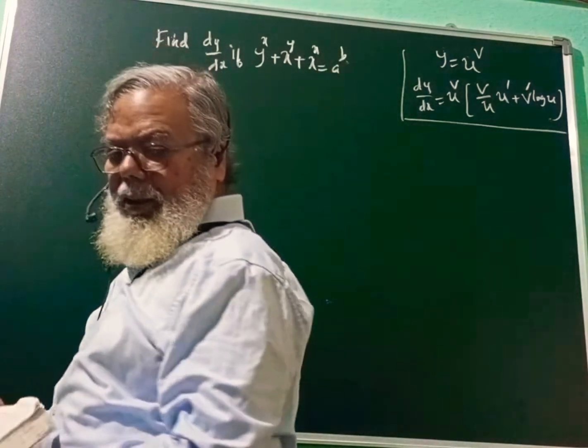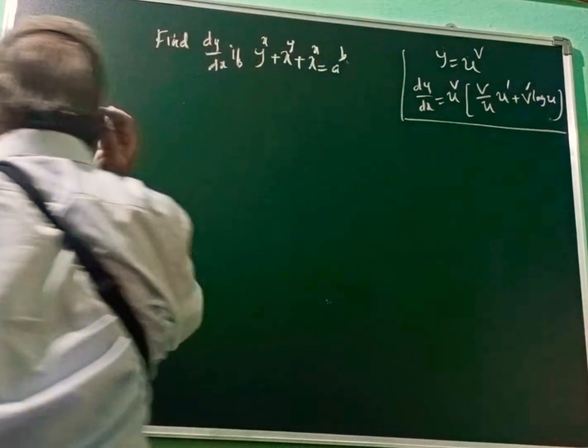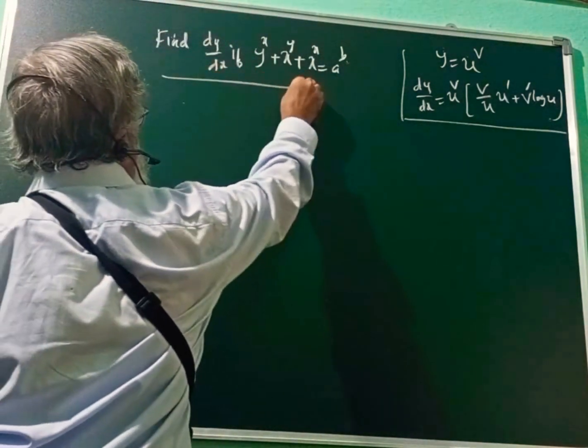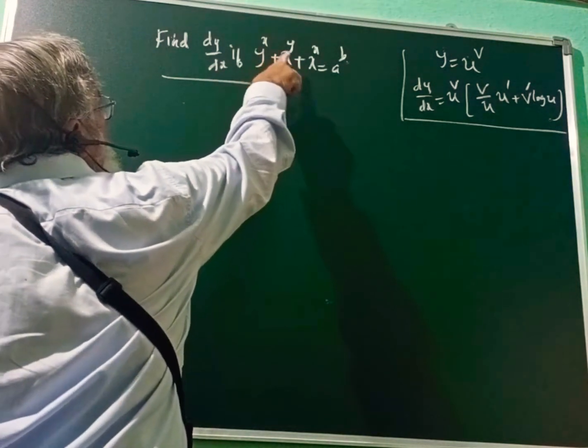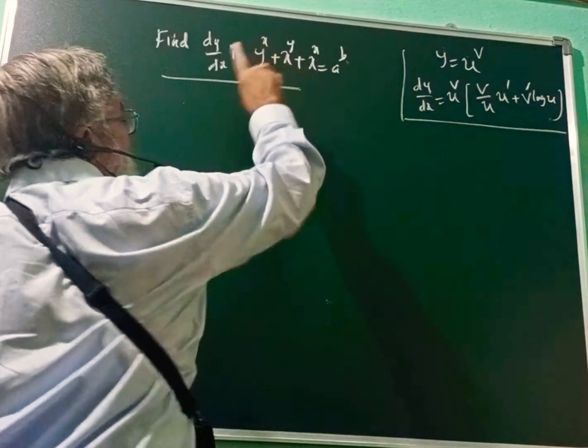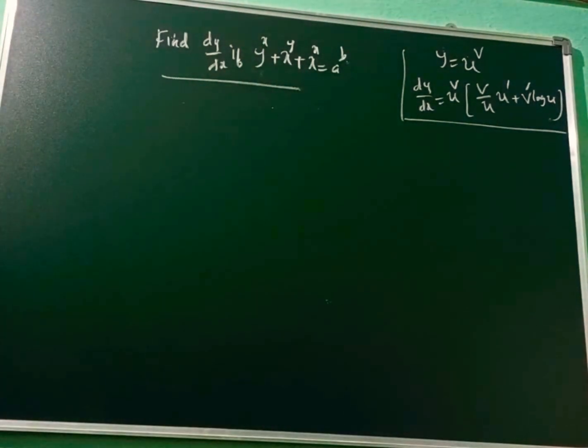This is the given problem. Now, see carefully. This is logarithmic differentiation. All three terms are to be differentiated using logarithmic differentiation. a raised to b is a constant and its derivative is 0.